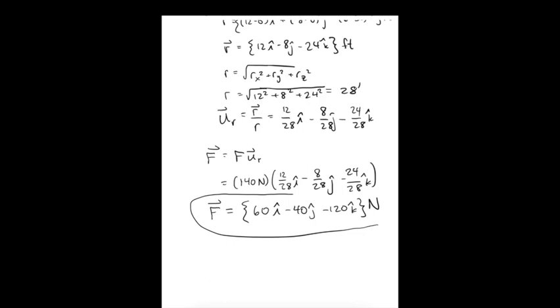Plug those values in, and we find the Cartesian form of this force vector F: 60 positive in the x direction, 40 negative in the y direction, and 120 negative in the z direction. And the units for that is newtons. Don't forget units, and that's our answer.